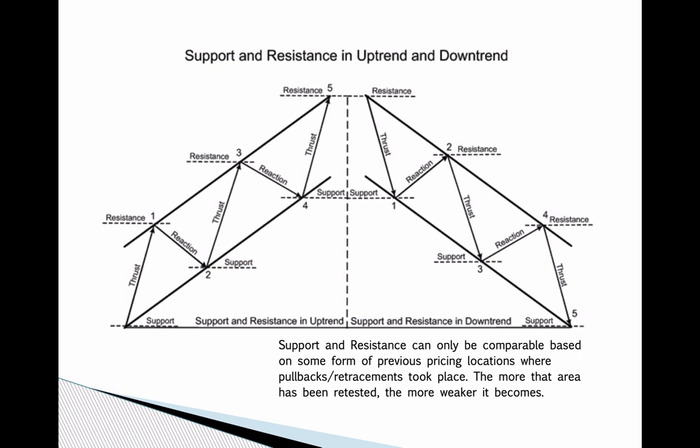What that means is that this was a huge location, probably on a higher time frame, or a huge location based off of MAs, moving averages, based off of location, based on activity that's in there, how many times it tapped and retested that level. So you'll see all of that. But again, as I said in the previous slide, the more that area has been retested, the weaker it becomes.